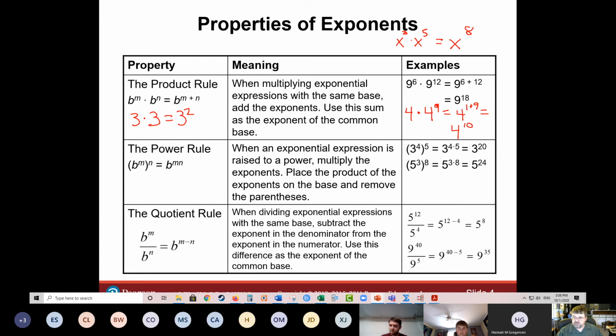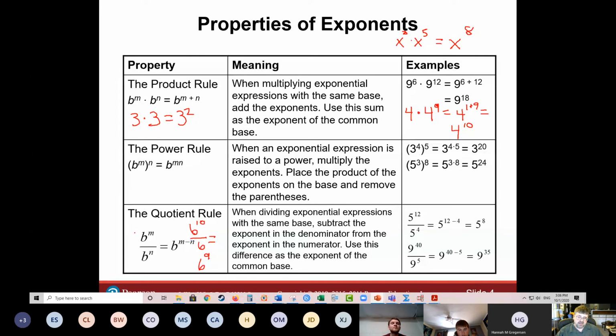Again, this is a problem that sometimes trips people up. If we had something like 6 to the 10th divided by 6, that's going to be 6 to the 10 minus 1, or 6 to the 9th.